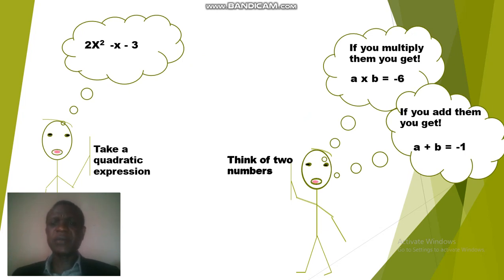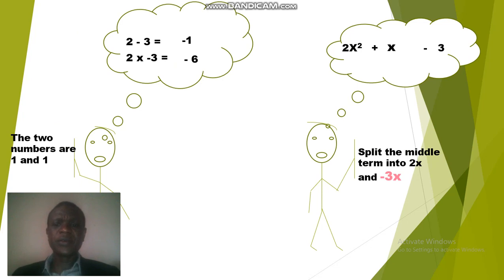If you multiply them, you get minus 6, but if you add them, you get minus 1. So the two numbers are 2 and minus 3. 2 minus 3 is minus 1. 2 times minus 3 is minus 6.